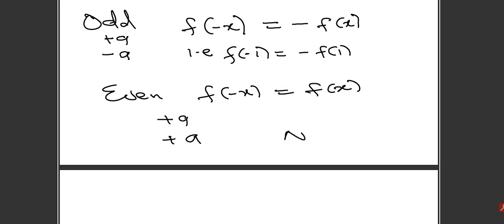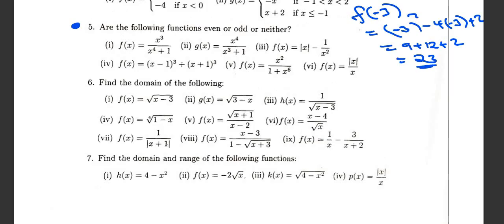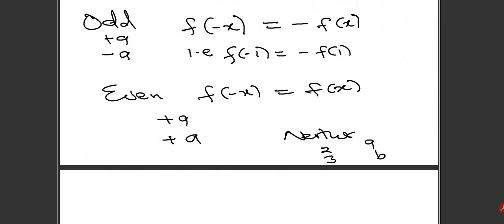But if the two answers you are getting are not the same in magnitude, they are totally different, let's say you find a 2 and a 3, meaning the function is neither odd nor even. It doesn't fall anywhere. So like your question number 1 here, I'll just replace anything that I feel will be okay. So this is f of x is equal to x^3, then there's x^4, then plus a 1.